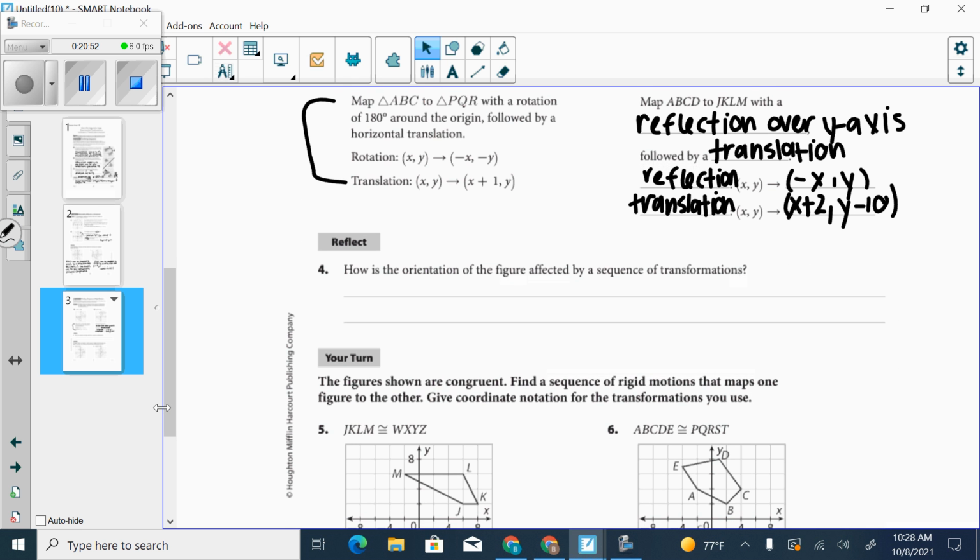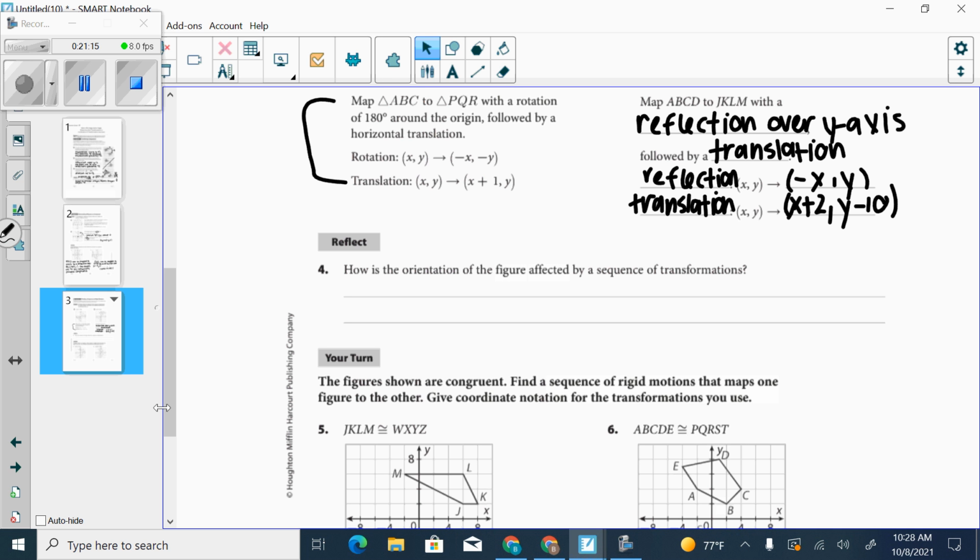Okay, then it says, how is the orientation of the figure affected by a sequence of transformations? Okay, so in this specific problem, when we reflected it, what changed about the figure? I think I heard somebody say it. Location of position.